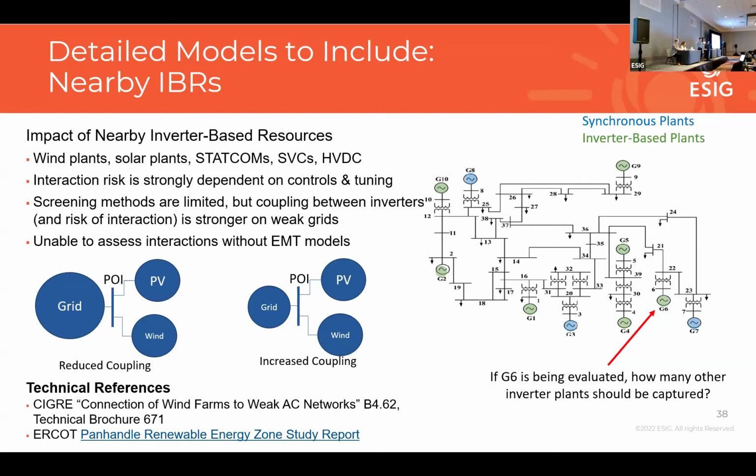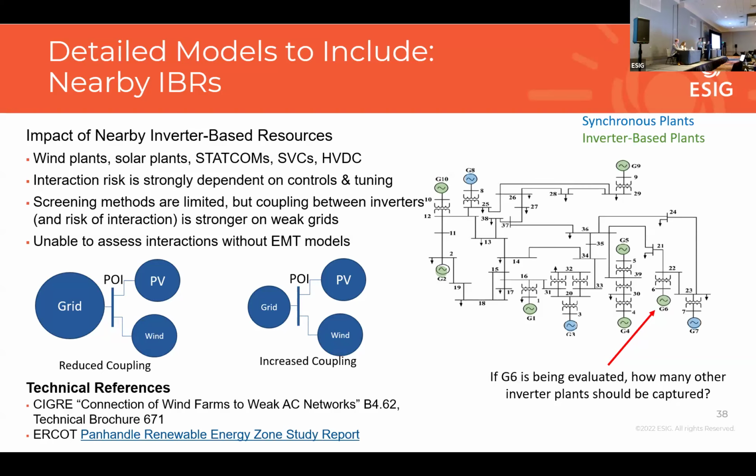But on the flip side, looking at this diagram that we have here, if we want to study G6, one of the ones in the bottom right corner, we want to think about whether we can lump these plants together into a group of plants that might be experiencing a weak system phenomenon as a whole, right?